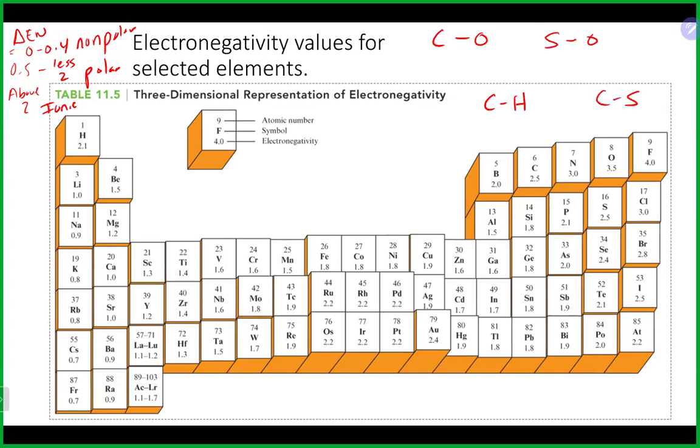And let's do the bond between potassium and chlorine. Use the difference in electronegativity values from this table to help you decide: is this bond going to be ionic, polar, or nonpolar? Take a few moments and decide that.